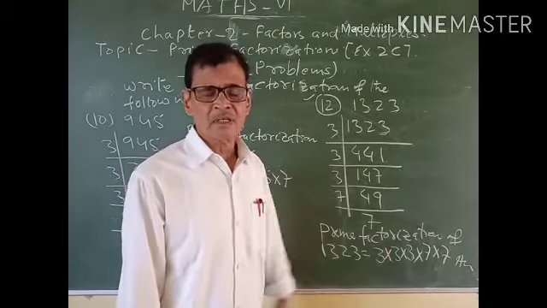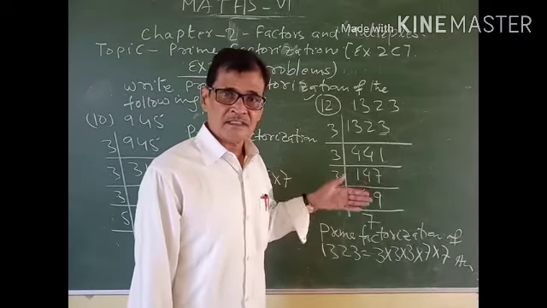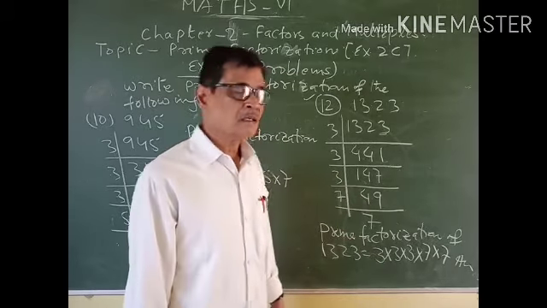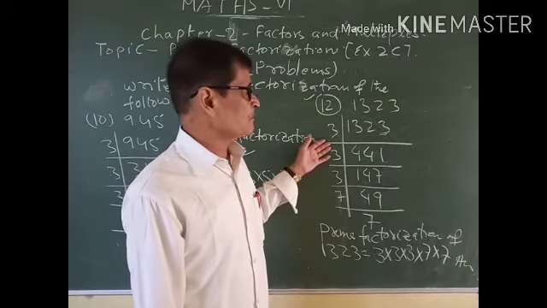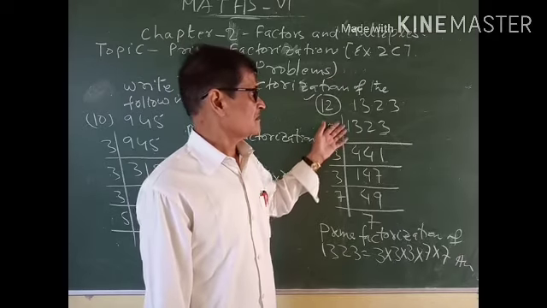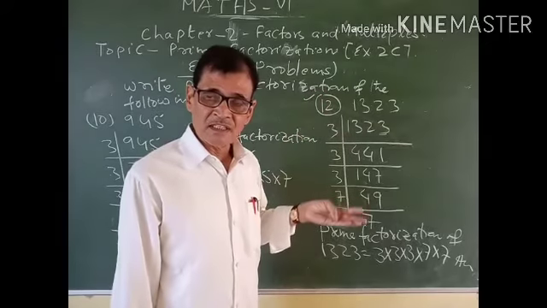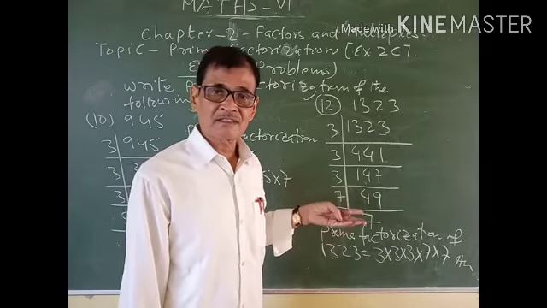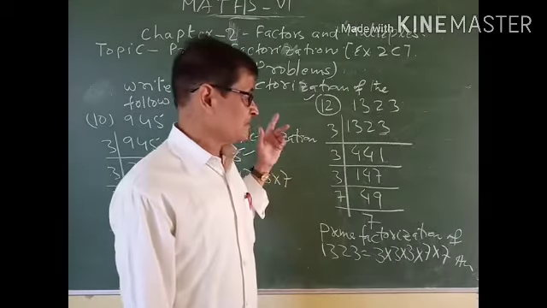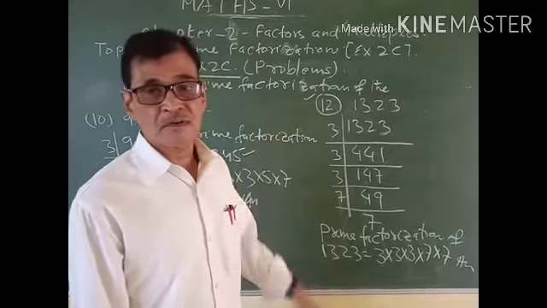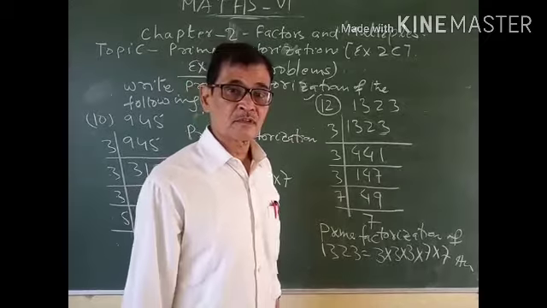These are the common numbers where we often need to know whether the given number is divisible by them or not. Otherwise, you have to test by dividing this number by 2, 3, 4, 5, 6, 7, and it will take a long time. So divisibility rules are very important for you, and you must always keep those rules in mind.